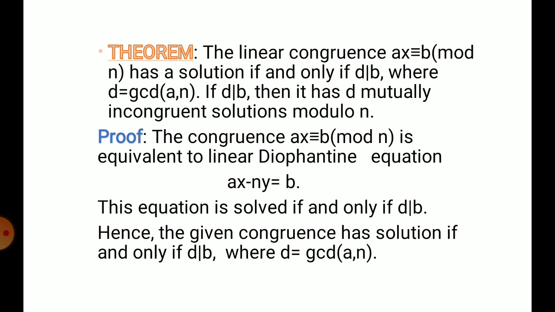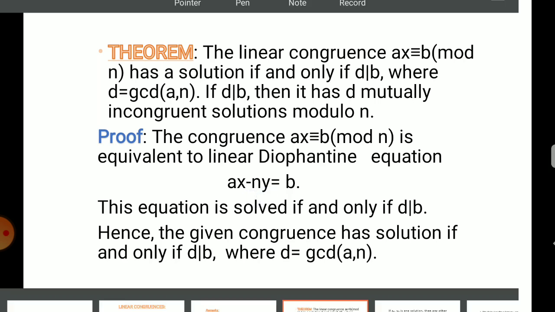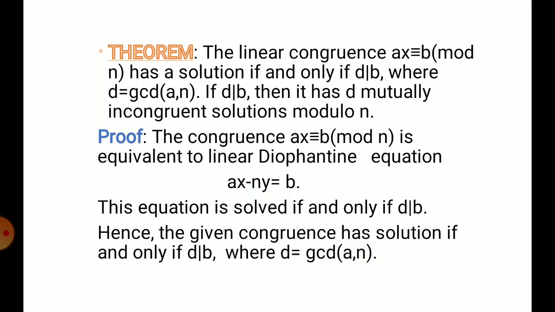We know that this Diophantine equation is solvable if d divides b. That means the Diophantine equation ax − ny = b has a solution if and only if d divides b.